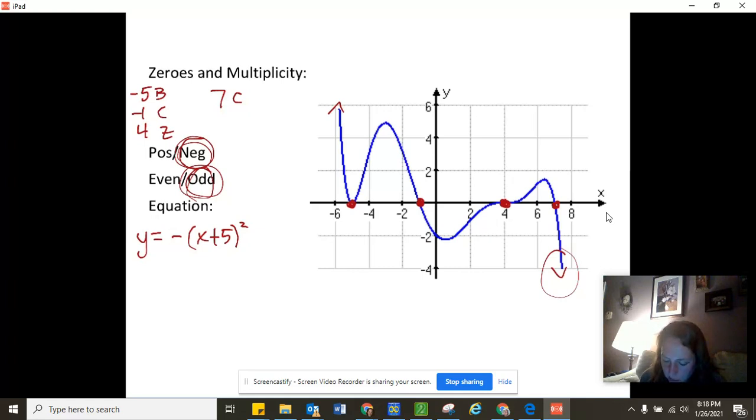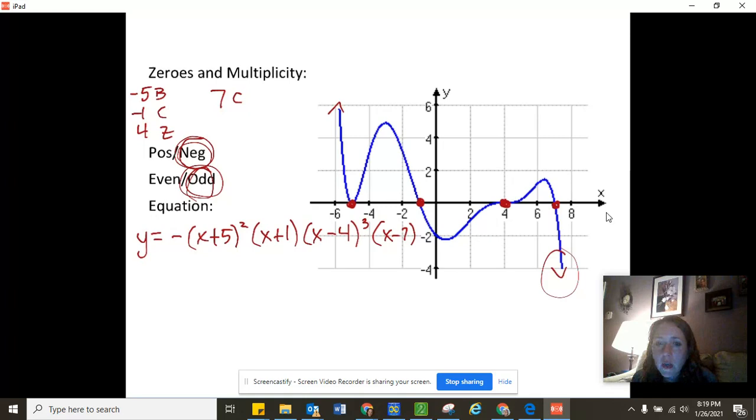Then negative 1 turns into x plus 1, and it's a cross, so it doesn't get an exponent. Positive 4 turns into x minus 4, which was a zigzag, so that's to the third power. And at 7, I do x minus 7, and it was a cross, so there doesn't need to be an exponent.